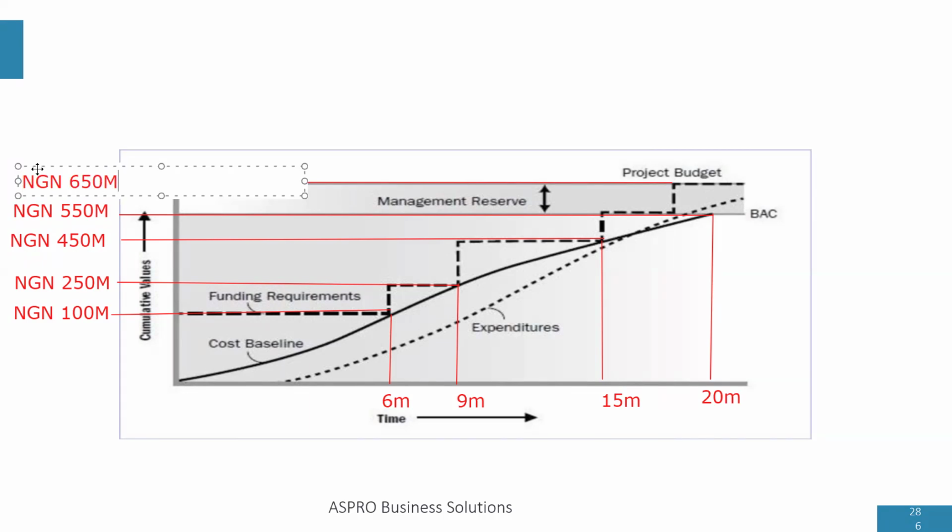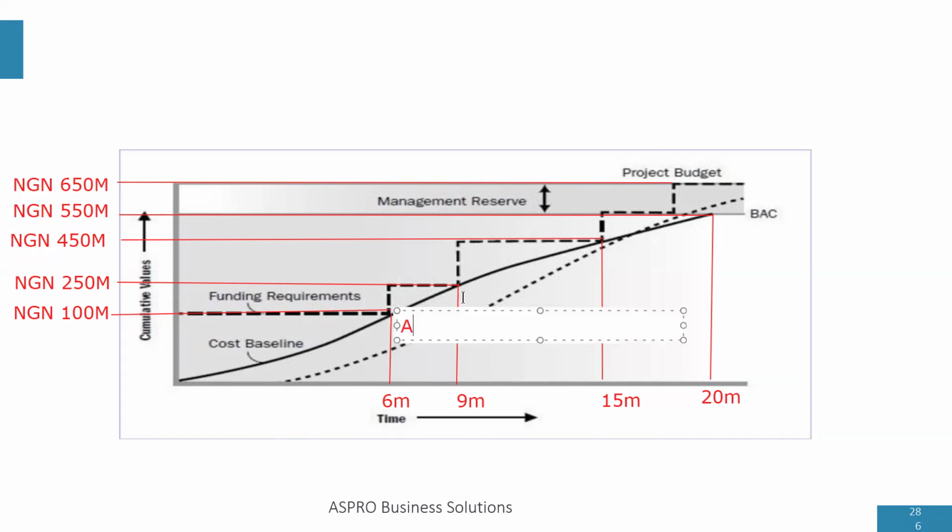That's it. Now, let me put the phases. This is the first phase, this is the second phase, phase B, phase C, and phase D. Now, another thing we see is a project funding requirement.